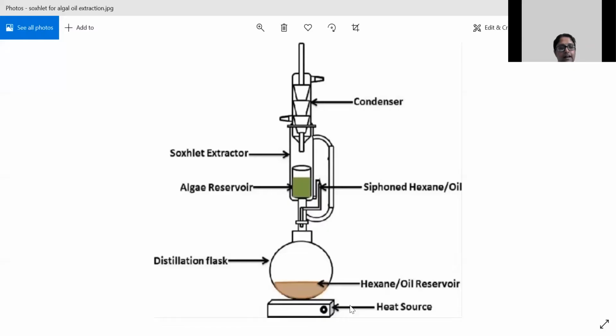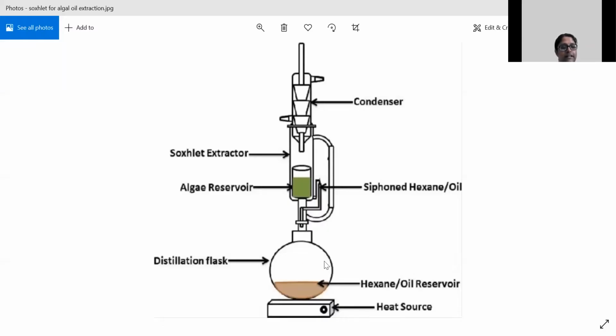And then once the extraction is complete, as I had told you, using that setup, now all of your lipids are there in the hexane in the reservoir.